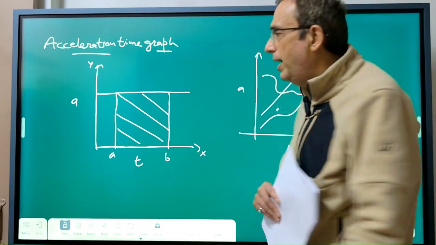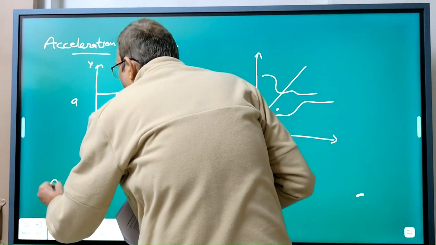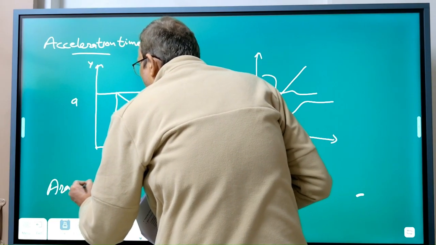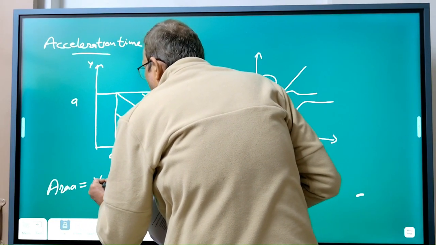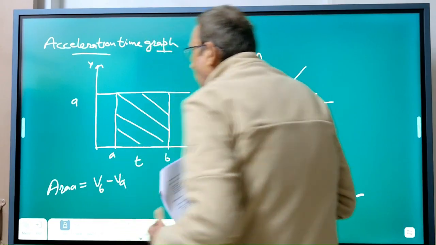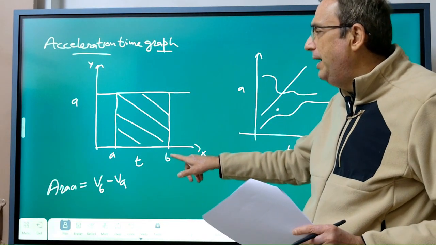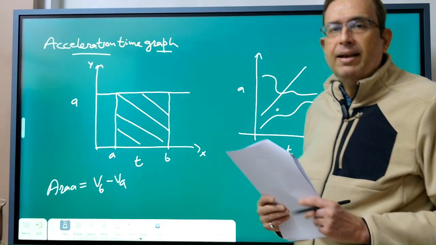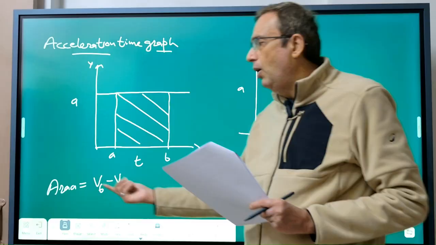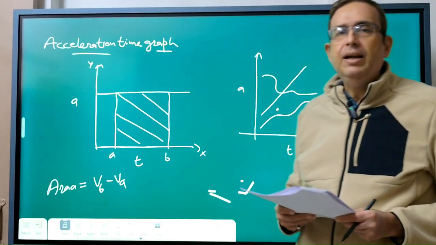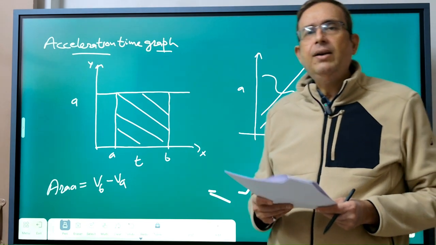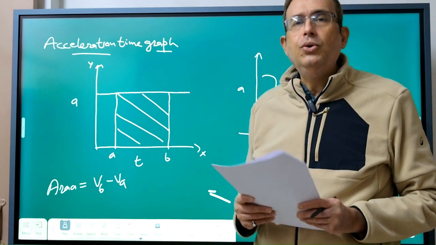The area is going to be equal to vB minus vA, whatever the velocity was at point B minus the velocity at point A on the time axis. So that change in velocity is represented by the area. I think these kinds of things are pretty much clear to you.